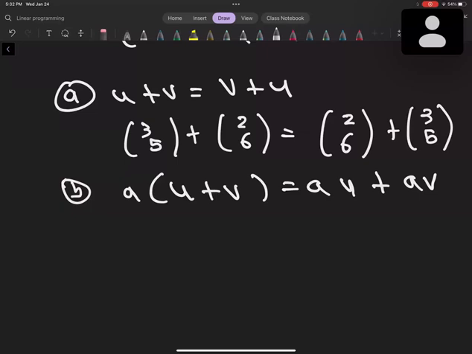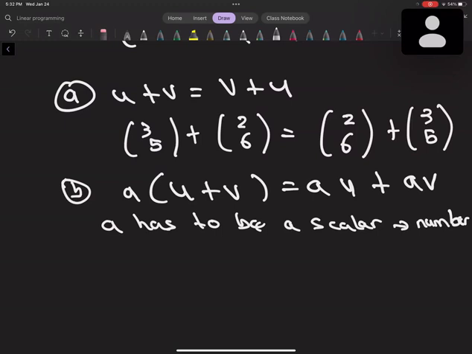What is A? Give me an example of A. Choose your favorite A. So A has to be what? A number. So A has to be a scalar. That's a fancy way to say number, not vector.